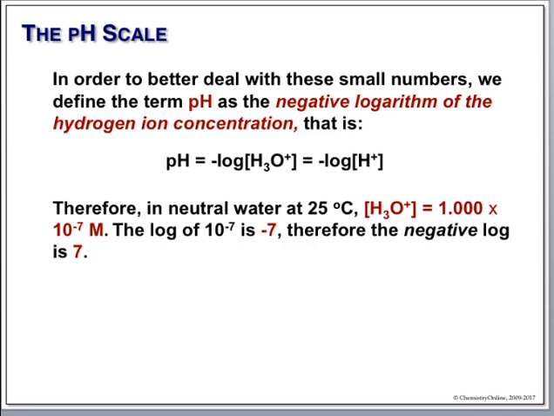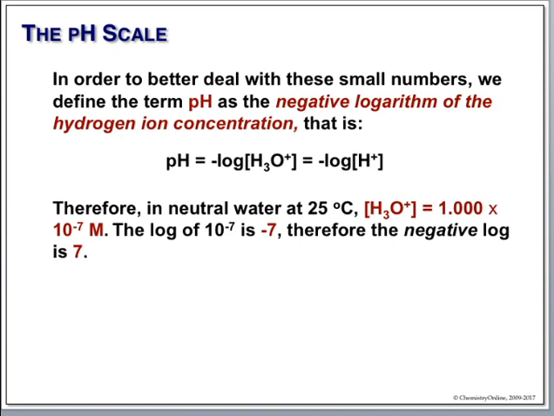All right, remember what we said about pure water. How much hydronium do we have in pure water? 1 times 10 to the minus 7 molar, right? What would the log of 10 to the minus 7 molar be? It would be minus 7. We multiply that by minus 1, and pure water has a pH of 7.